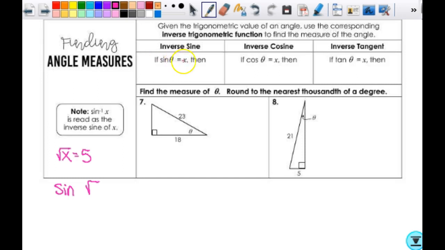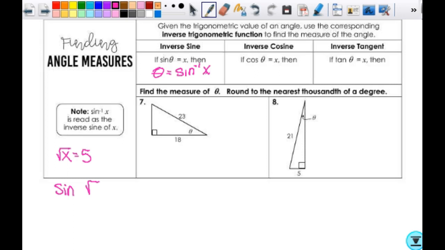So if sine of theta equals x, and I need theta, I need to move that away, then theta is going to equal sine inverse, which looks like sine to the negative 1 power, but it's not, of x. So just like you always take the sine, cosine, or tangent of an angle, you always take the inverse of a ratio of side lengths.